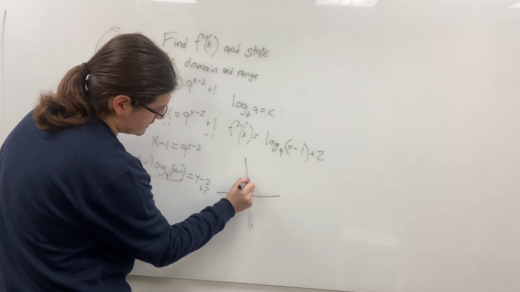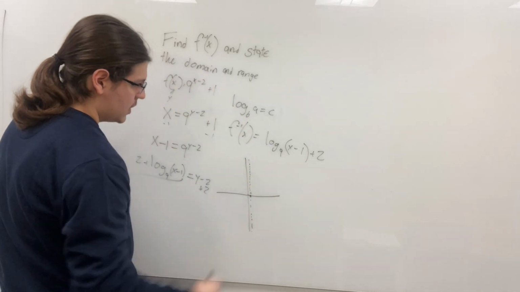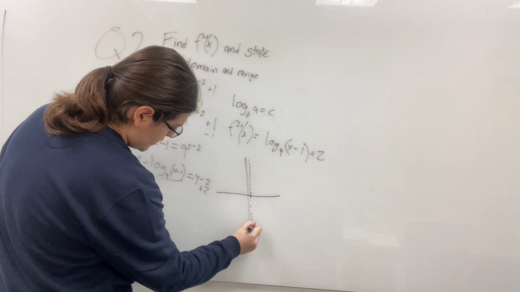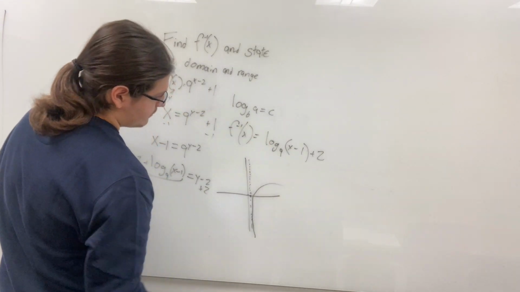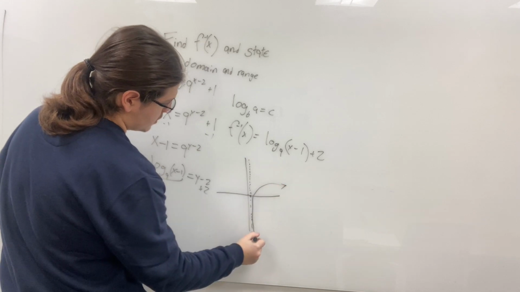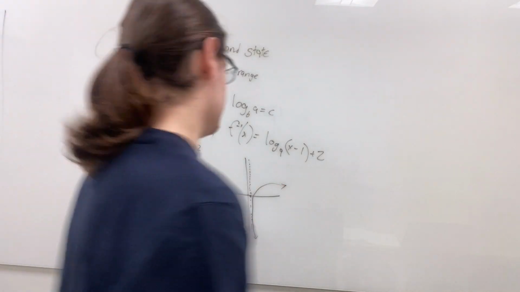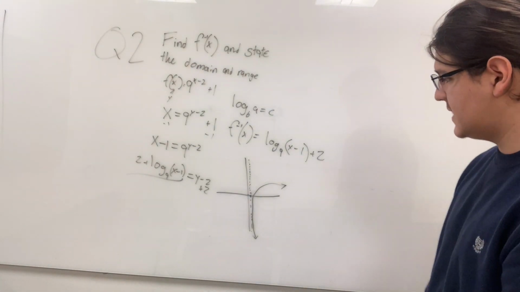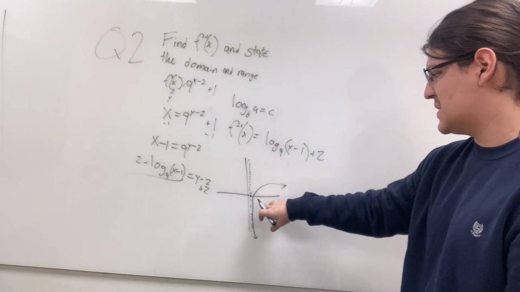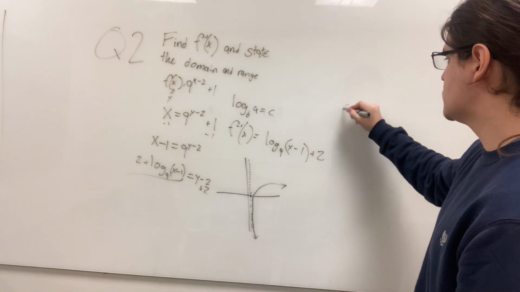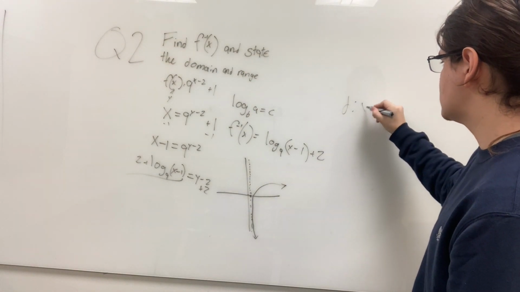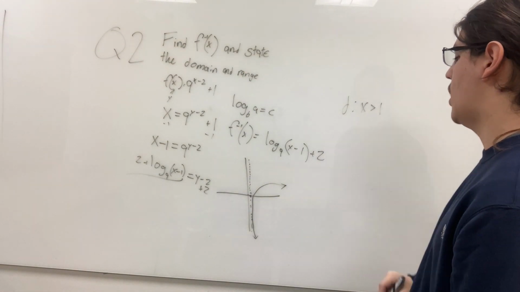Now there is an asymptote. And then from there we can just sweep. There we go. So there's our graph. Now the domain and range. So domain is going to be our x values, and we can see it cannot go past 1. So our domain x must be greater than 1.